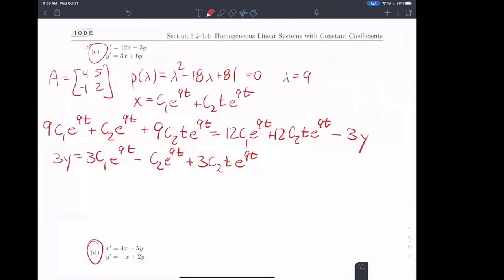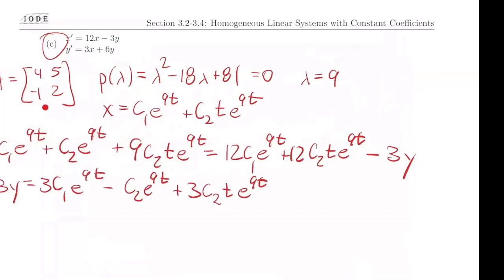Okay, so in 3, we've got the matrix over here, which then gave us the characteristic equation, which had one repeated real root of 9. So you could write this as x first and get this solution, and then plug that into this equation up top.